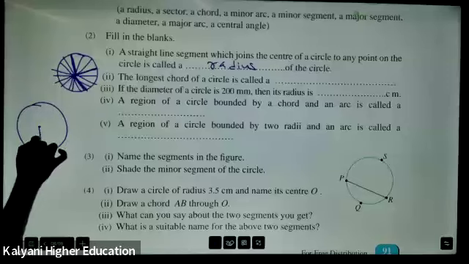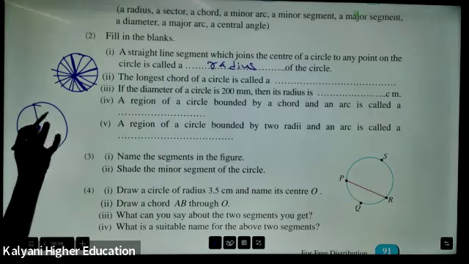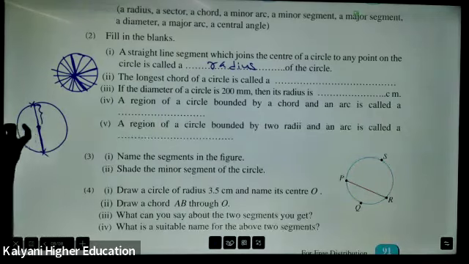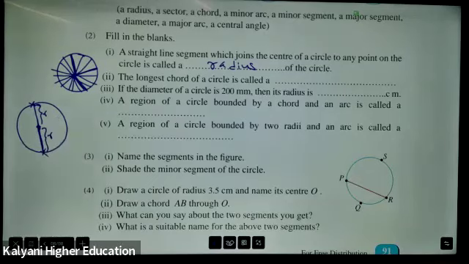But from here to here, I join it, correct. The same line I continue. So I'm asking you a question. Answer my question. Don't jump. Here to here, what do we call it? Radius. Here to here, what do we call it? Radius. That means how many radii do you have?